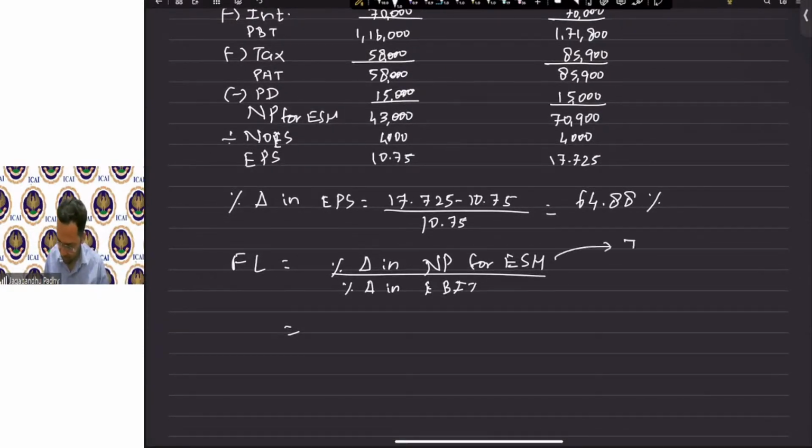This is 70,900 minus 43,000, divided by 43,000.